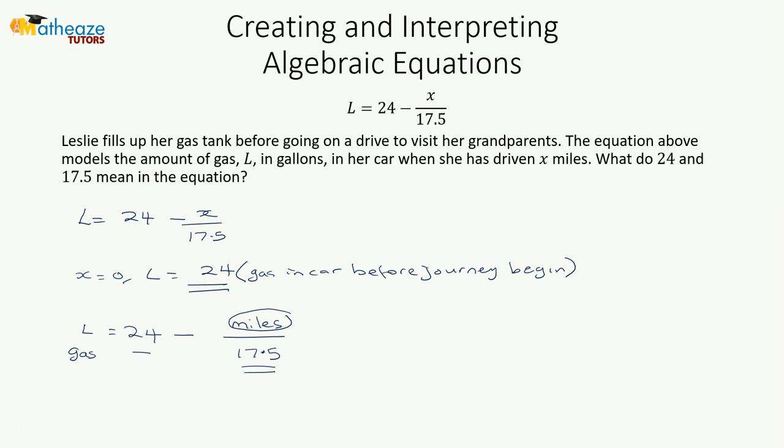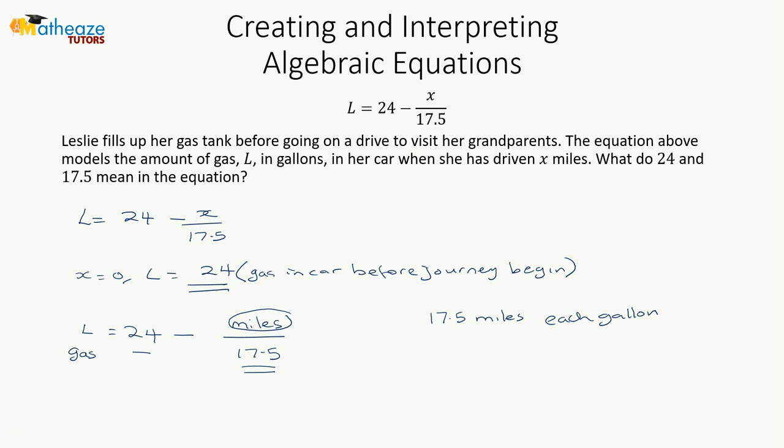One way to look at that is to say that the number of miles divided by 17.5 represents the amount of gas that is used for that specific number of miles. So that simply means that we have 17.5 miles for each gallon.